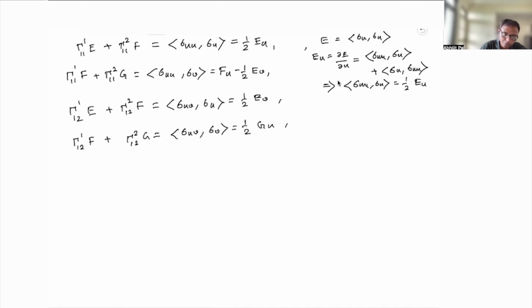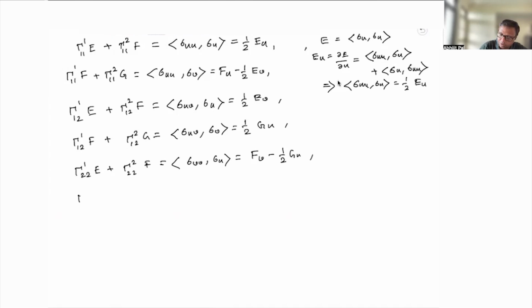We'll get another two equations. Gamma 1,2,2 capital E plus gamma 2,2,2 capital F is equal to the inner product of sigma vv with sigma u, which is equal to Fv minus half Gu.